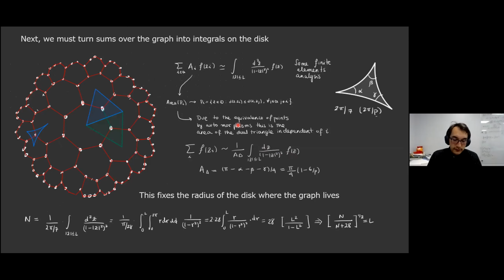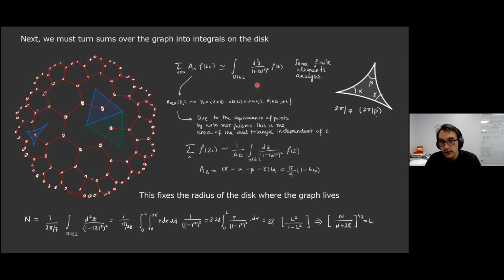Okay, so now that we have tackled how A acts on functions, the next thing we want to do is see if we can turn sums over the graph into integrals on the disk. And we can do that, and I'll show you 2 ways to do that. Sorry, this is a little small, but essentially we can do a finite element analysis of this.